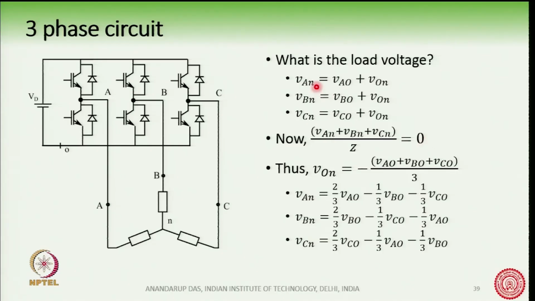So, if I sum the left hand side and the right hand side, I can see that the sum on the left hand side will be equal to 0, and therefore, by equating, I will see that VON is equal to minus (VAO plus VBO plus VCO) divided by 3.